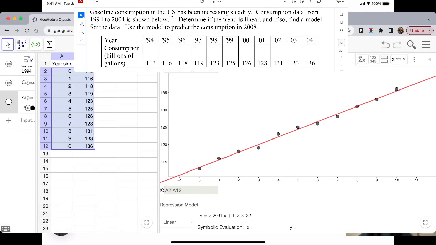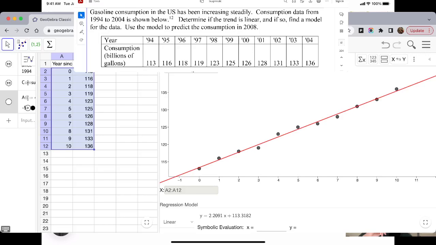If you don't have a line, because you haven't chosen the model yet, there's a drop down menu for you to choose the model. None, logarithm. See logarithm? Because this doesn't look like a logarithm, the computer doesn't give a result. Or polynomial. If you look at polynomial, maybe this is not the best fit for the data. Again, now we are working on linear, so you have to choose linear.